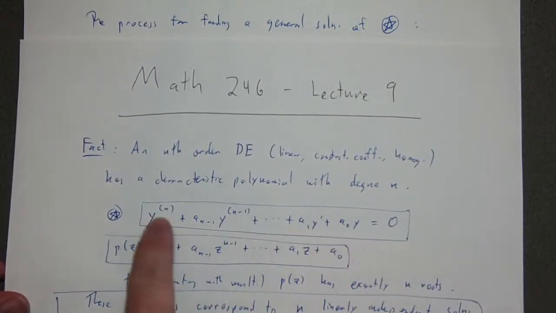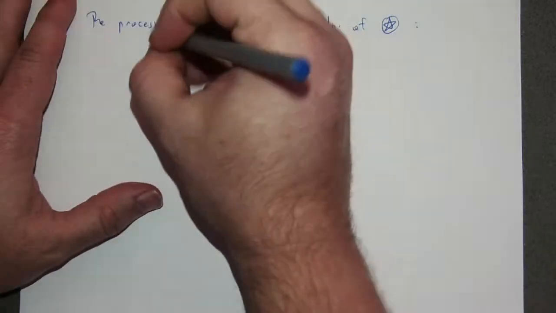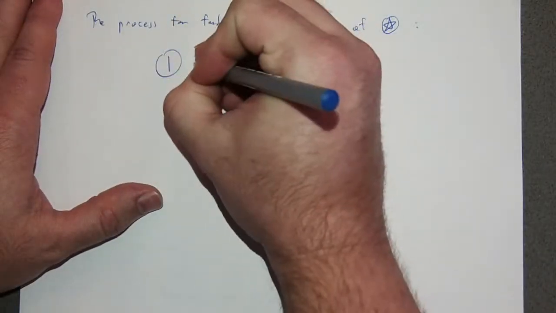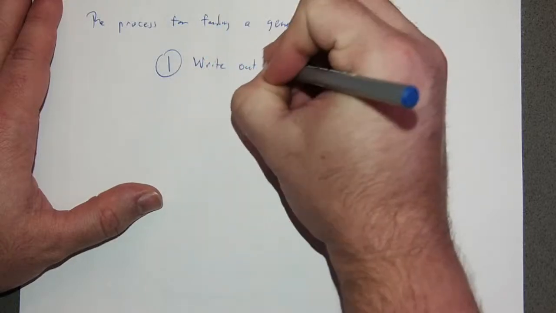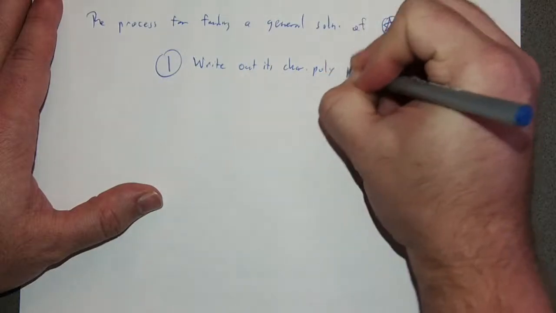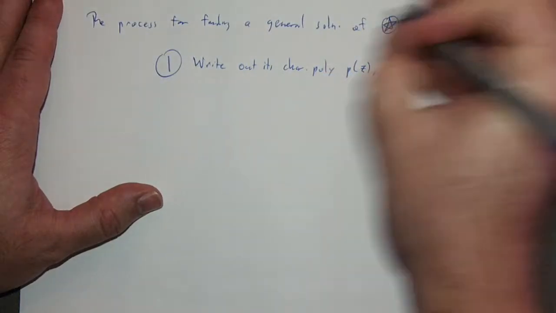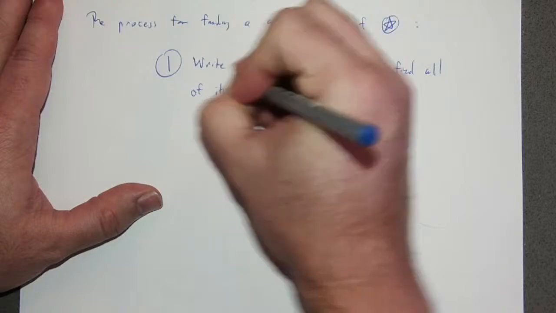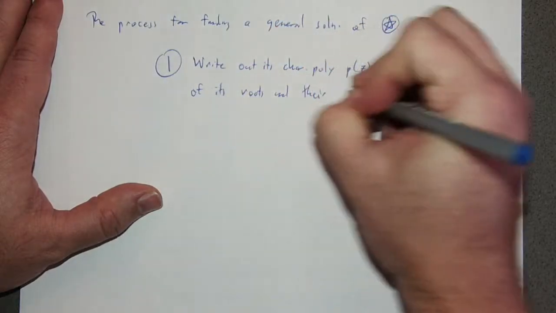So it's this equation. So step 1, write out its characteristic polynomial P of z. Find all of its roots and their multiplicities.